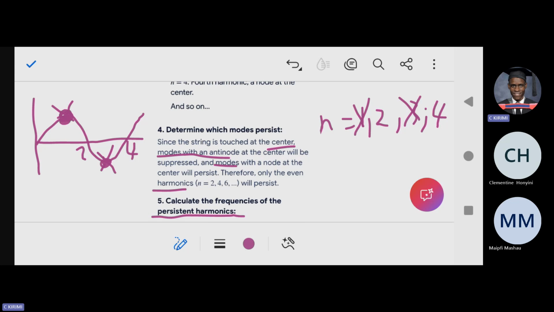That's where the string was plucked. So they are saying at antinodes it's being suppressed, because that's where it has been plucked. So the only harmonics that we will experience are for n equal to 2, n equal to 4, because these are the nodes, not antinodes.